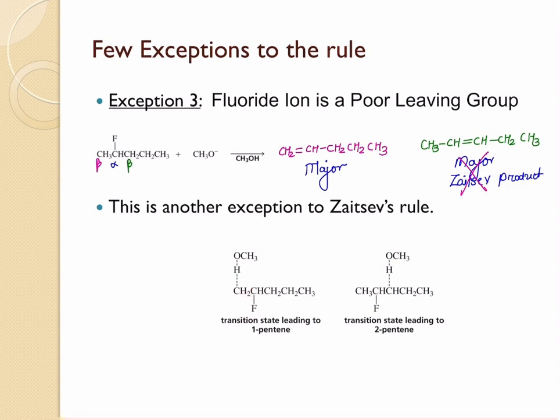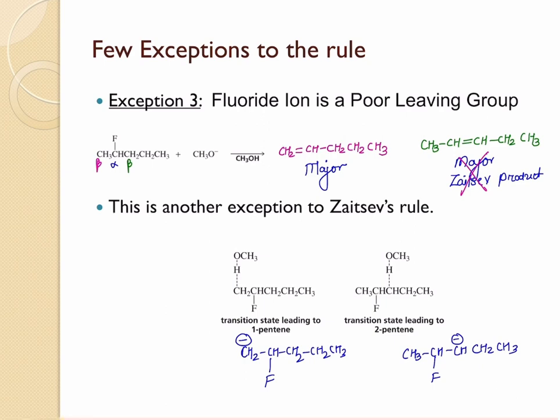So as the base comes and abstracts this hydrogen, since the fluoride ion is not ready to leave because it's a poor leaving group, because it's the strongest base compared to the rest of the halide ions, it's going to develop a partial negative charge on this carbon, existing more like a carbanion. So this is going to look like a primary carbanion because of the bad leaving group. And in this case, it's going to lead to the formation of a secondary carbanion. So the transition state is going to look more like the carbanion rather than looking more like an alkene.